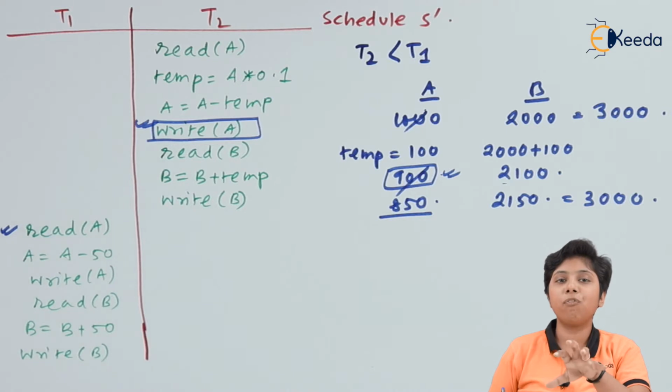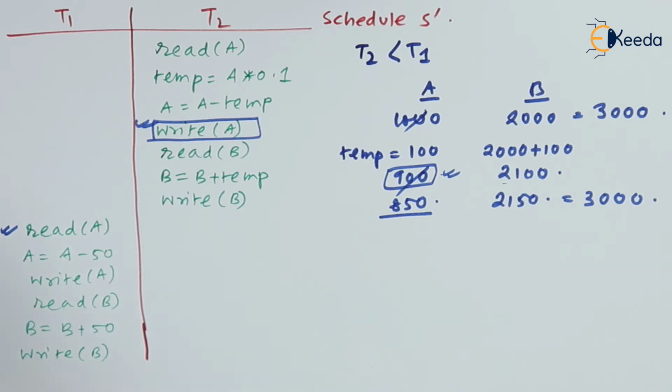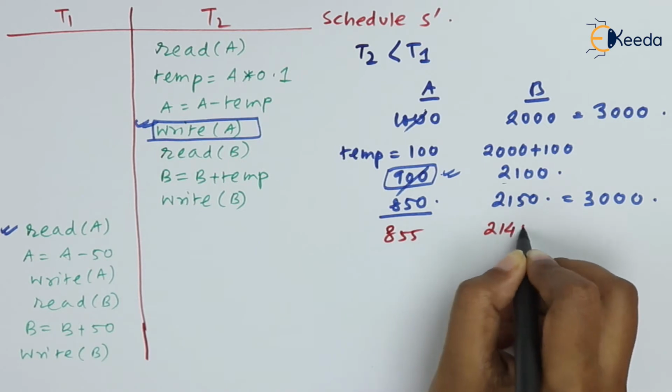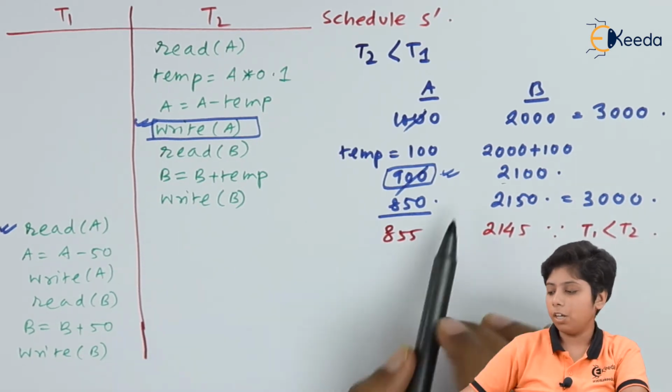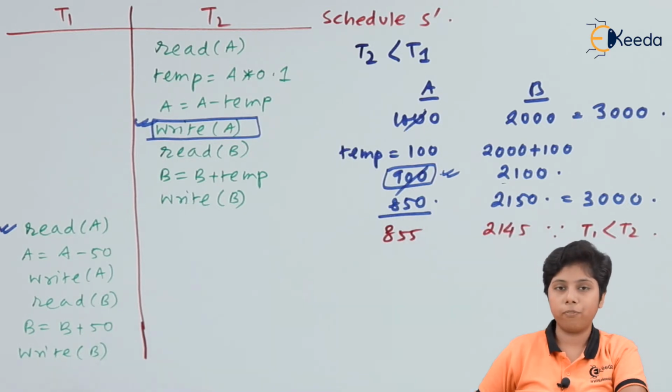But see, the different results are there. While performing T1 then T2, we had 855 and 2145. Now for T2 then T1, we are having 850 and 2150.